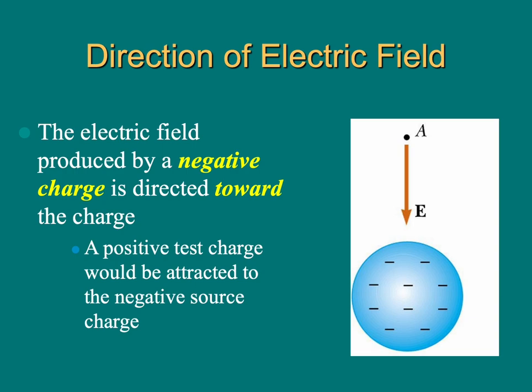If we put a positive test charge at location A, the force on this positive testing charge would be pointing to that negative charge, which is consistent with our knowledge of Coulomb's law that a positive and a negative charge attract each other.